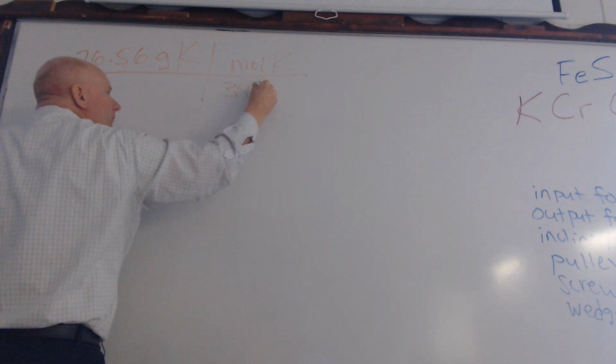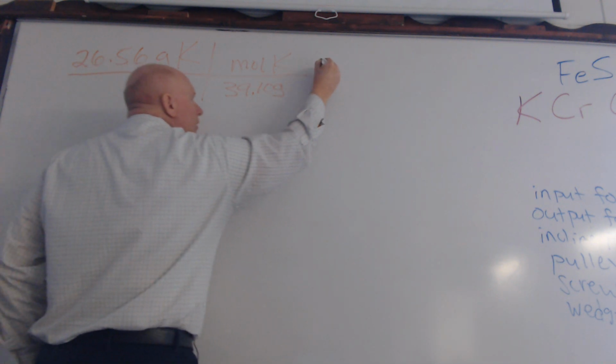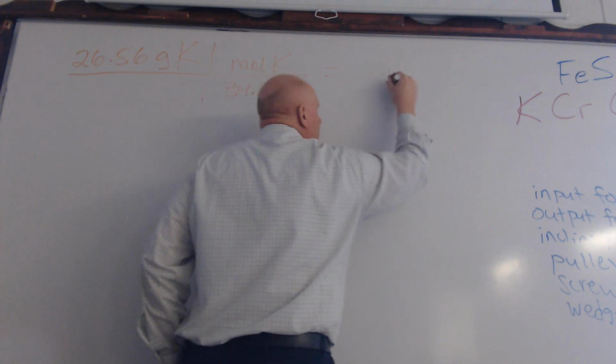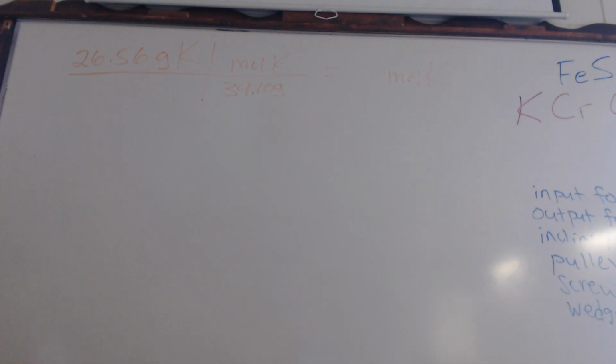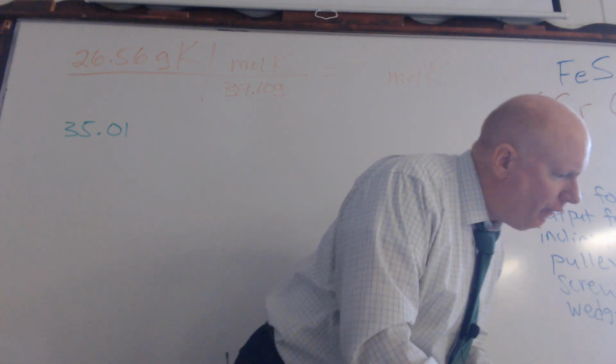39.1. Okay, so that gives you a specific number of moles of potassium. Okay, then the next one down. What is it that we actually have for chromium? 35 point what? 41.